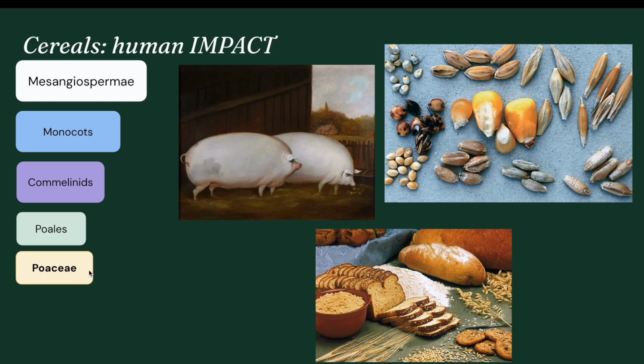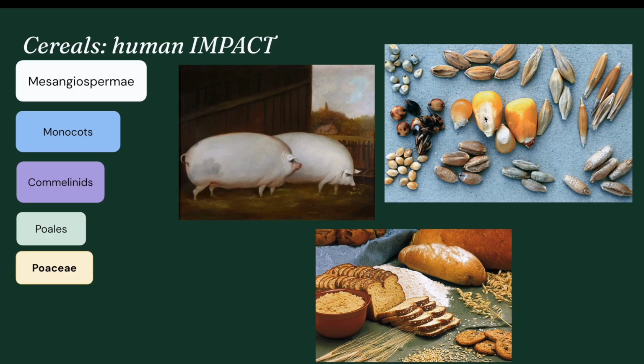These are related to your common little grasses in your lawn, but the cereals with their grains are seeds and fruits because the seed coat is fused with the pericarp of the fruit. But these little grains are so unbelievably important to humans. Not only do they make up the majority of our caloric intake, this is stuff like rice, wheat, barley, oats, and millet, and of course corn or maize.